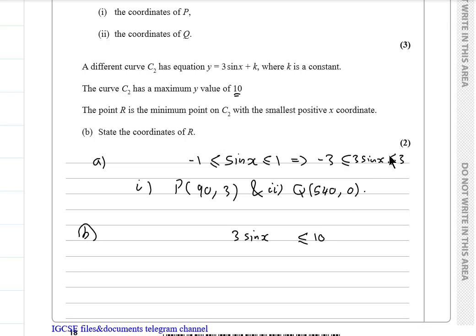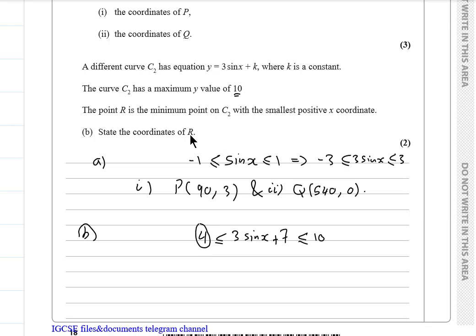The maximum here is 3 and now is 10, so easily we add 7, and we should add it for all sides, okay? So I should add 7 here and also add 7 to minus 3 to be 4, and this is the minimum value. This is the y coordinate of point R.